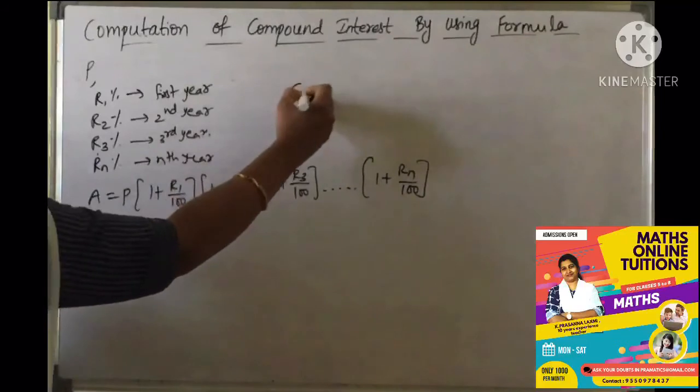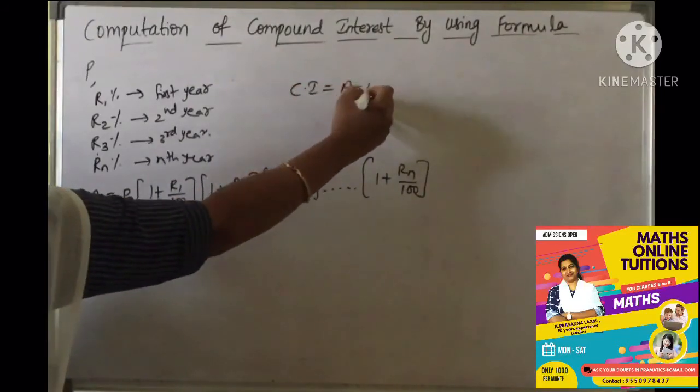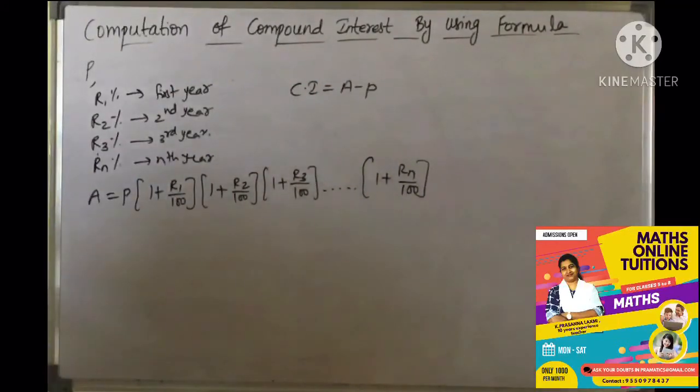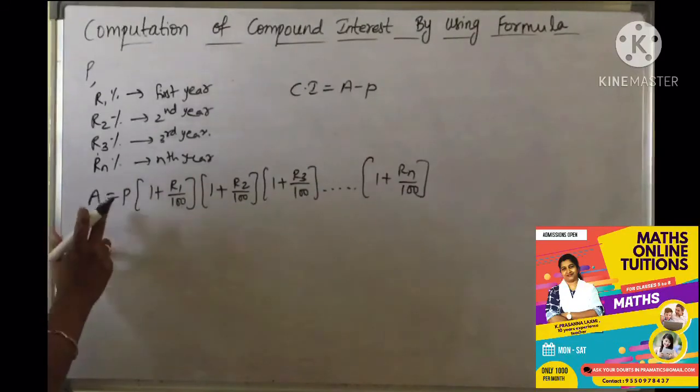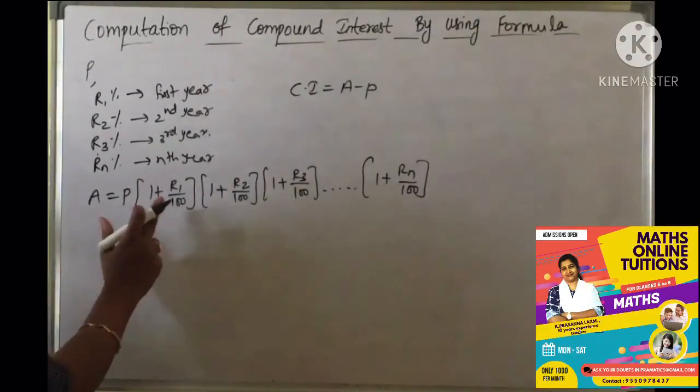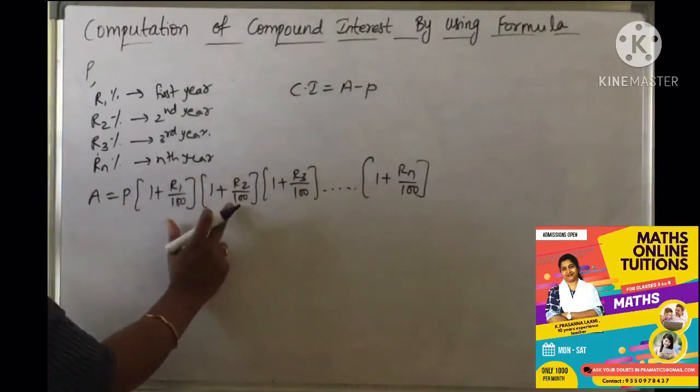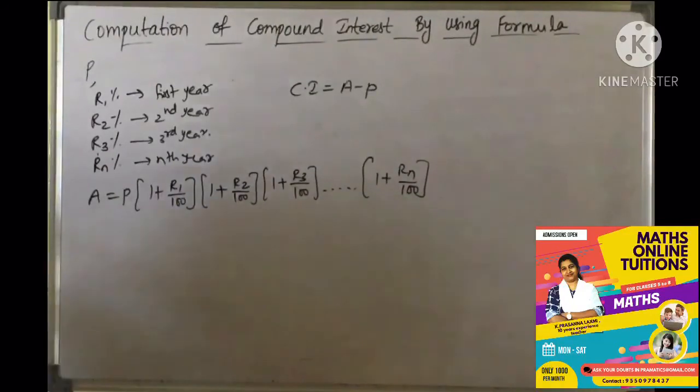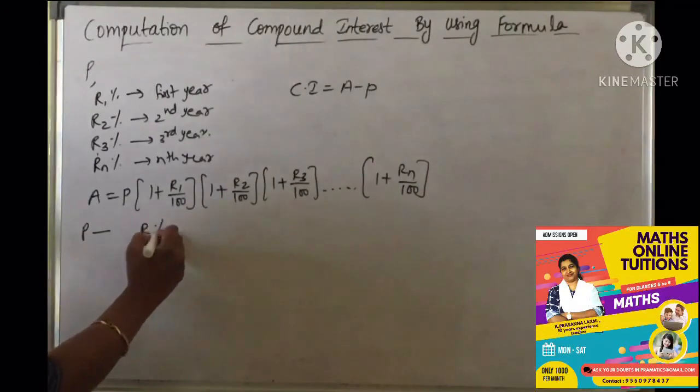And the compound interest is A minus P only. Suppose P is the principal, at the rate of R percent per annum.